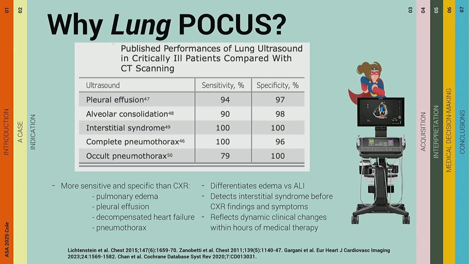In addition, we know that unlike chest X-ray, lung POCUS can differentiate acute lung injury from pulmonary edema. It detects interstitial syndrome, which is just a blanket term for any infiltrates in the lung alveoli or interstitium. So it'll detect that before chest X-ray and before clinical symptoms develop. And lastly, it will reflect dynamic changes that are going on in a patient over time.